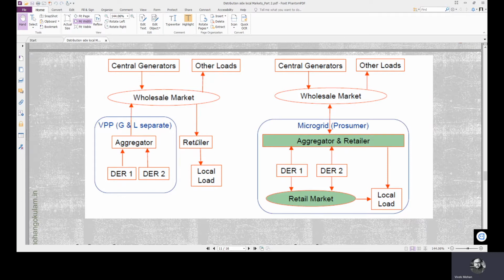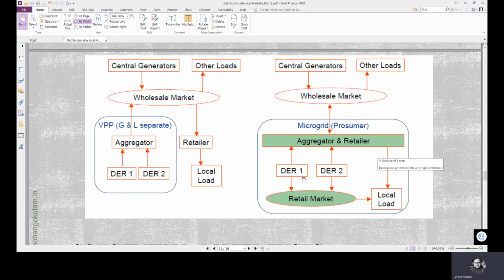The retailer is not able to get power directly from the DERs, the distributed energy resources. It's through the wholesale market. Here it's not the case. Here the retail market has direct connection with the local load, and of course with the DERs also.